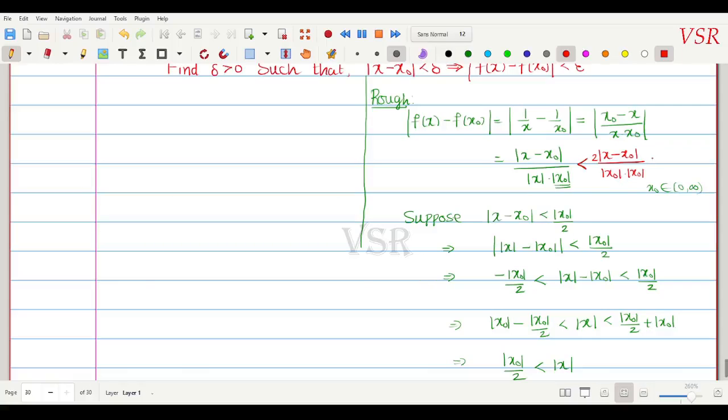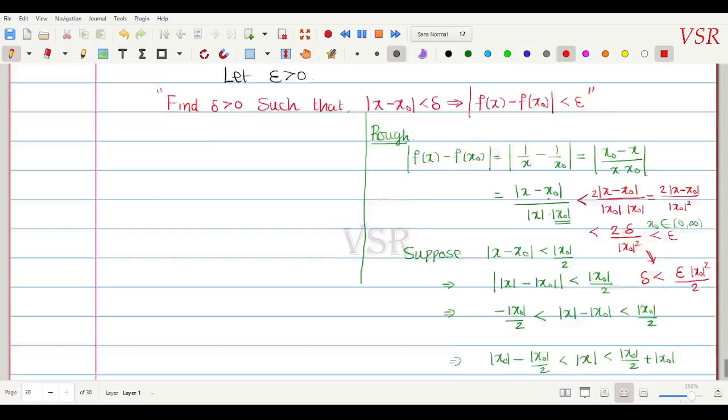So that is equal to 2 mod x minus x0 divided by modulus of x0 the whole square, and of course this fellow has to be less than 2 times delta divided by mod x0 the whole square. It has to be less than epsilon. So this implies that delta must be less than epsilon into mod x0 the whole square divided by 2. I take it like this. Okay, that's all.